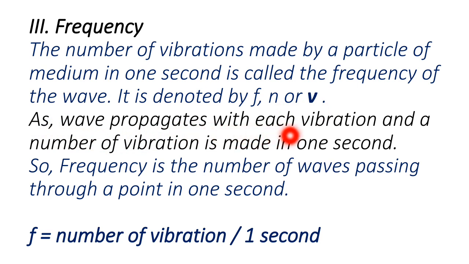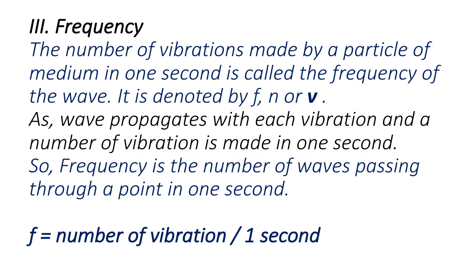So this is the definition, and one line given here: as wave propagates with each vibration, a number of vibrations is made in 1 second. If the particles are vibrating, then with each vibration one wave is propagating.